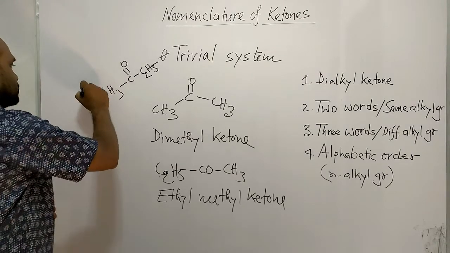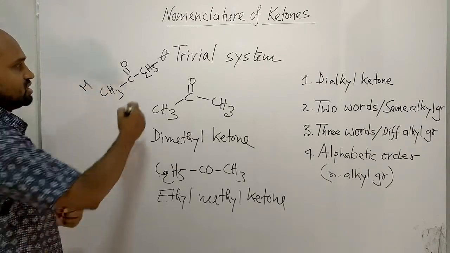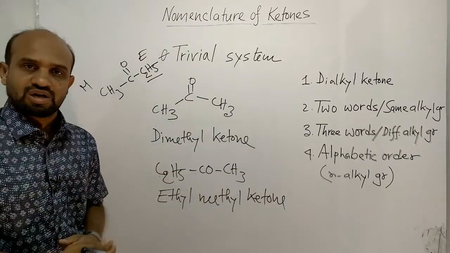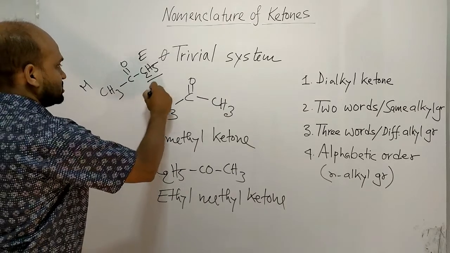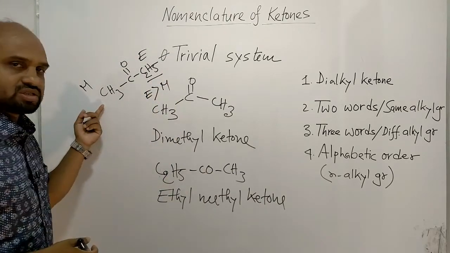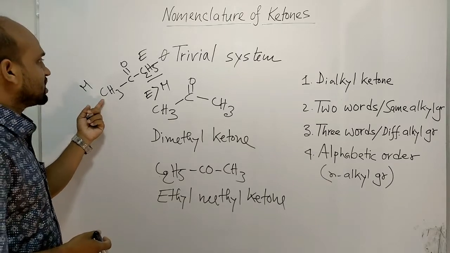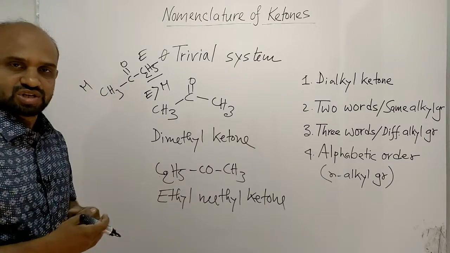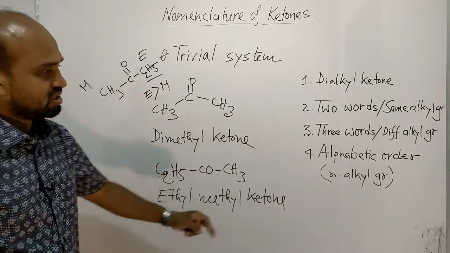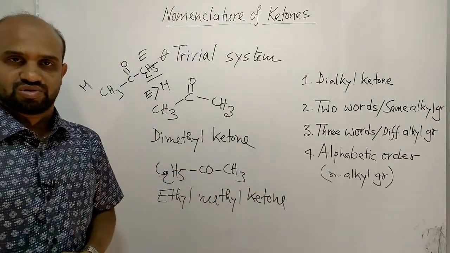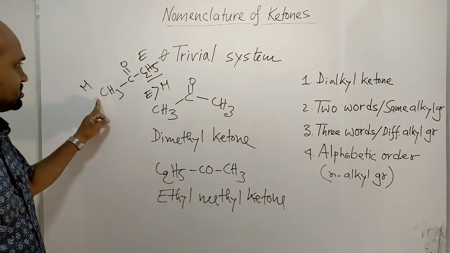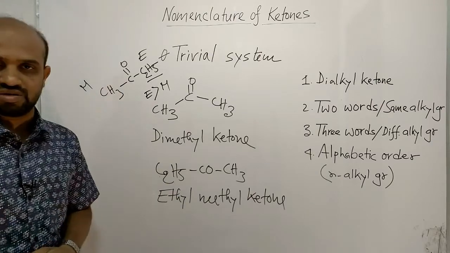Methyl starts with M and ethyl starts with E. In the alphabetic order, E is prior to M. That is why its name will not be methyl ethyl ketone, its name will be ethyl methyl ketone, and here point number 4 is followed. Alphabetic order is followed here. So its name is ethyl methyl ketone.